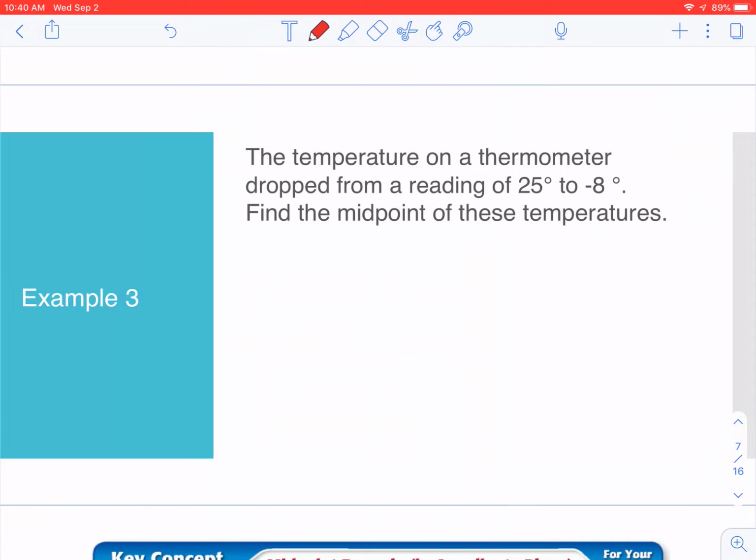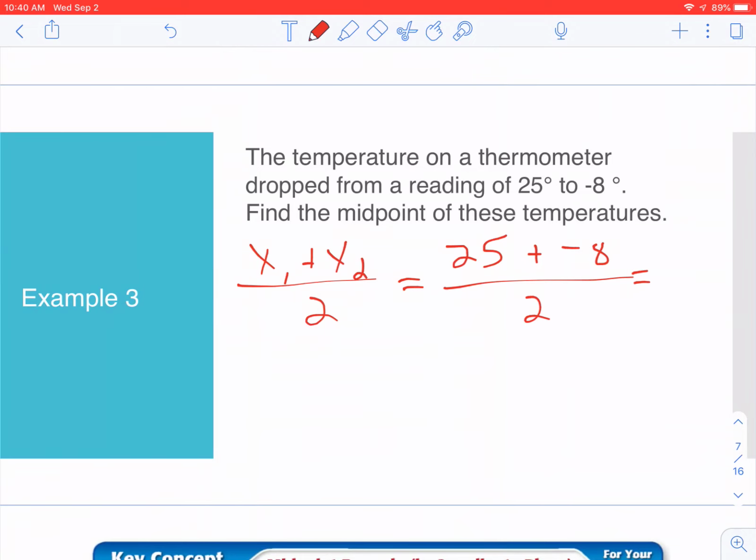Find the midpoint. The formula is x1 plus x2 divided by 2. Those are my two numbers: 25 plus negative 8 divided by 2. I add those together and get 17 divided by 2. Type it in your calculator and you will get 8.5. We could say degrees if we wanted to.